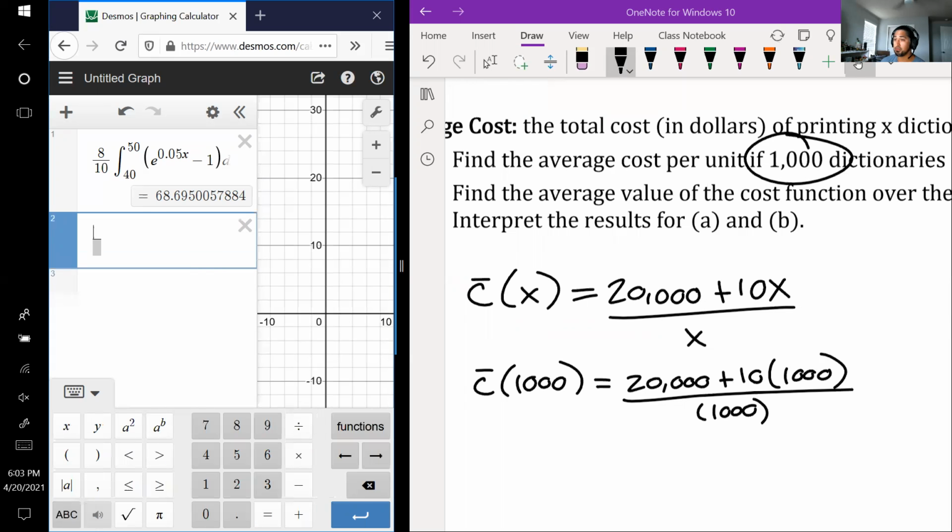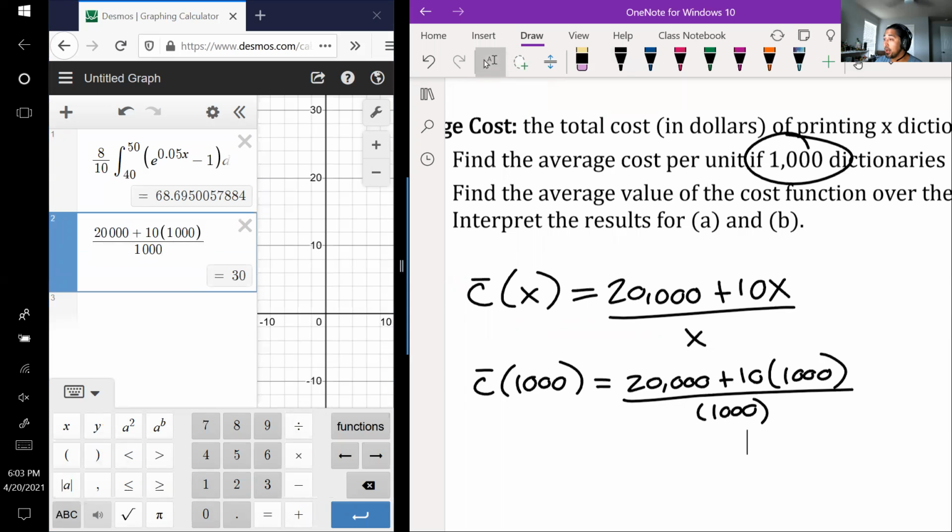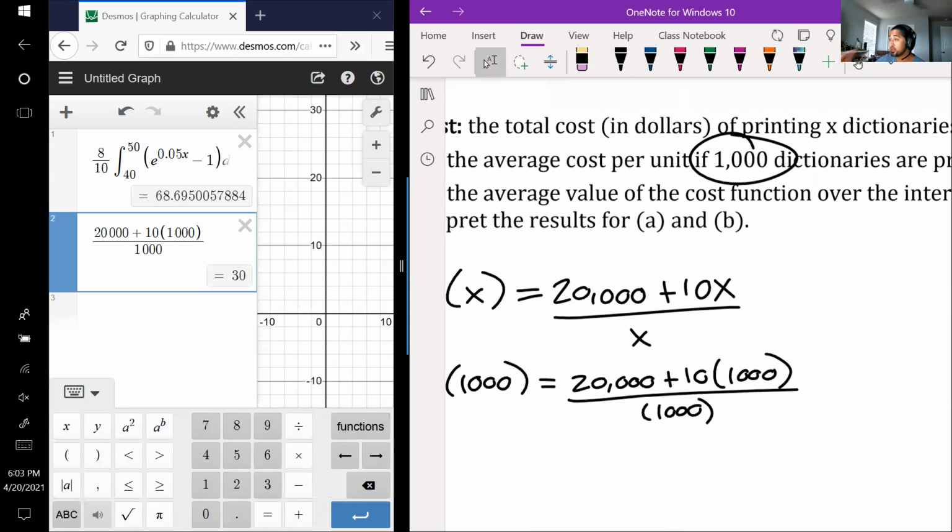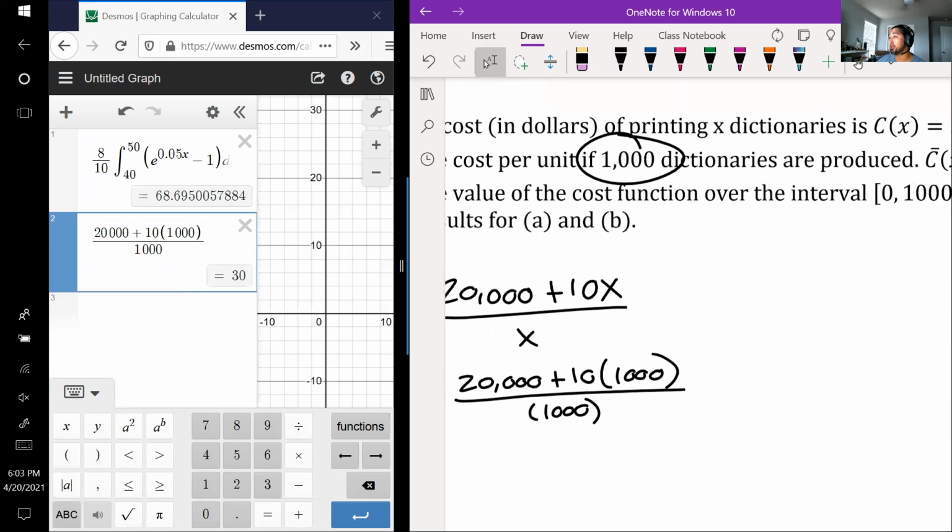I'll hit the division button, and I have 20,000 plus 10 times 1,000 over 1,000. And we get the average cost per dictionary: $30 per dictionary. I'll just say book.